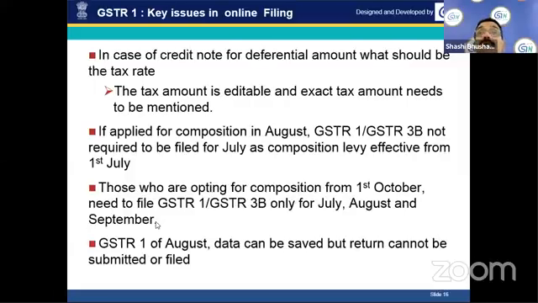So presently, people can only save data in the GSTR 1 of August, but they cannot file, and they should not worry about this situation. They should prepare the return, and when it opens up, you will be able to submit and file it.